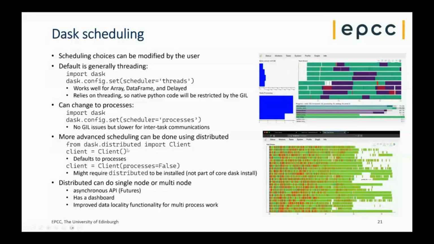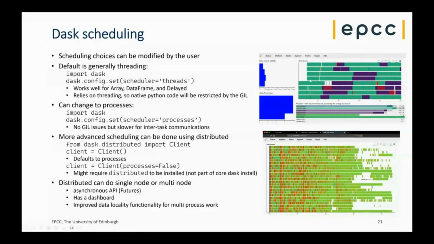We can do more advanced things by using a library called dask.distributed, where we can set up a client and we can do more multi-node Dask work as well. So the standard Dask stuff will be restricted to a single node, but we can do distributed Dask where we can work across multiple nodes.